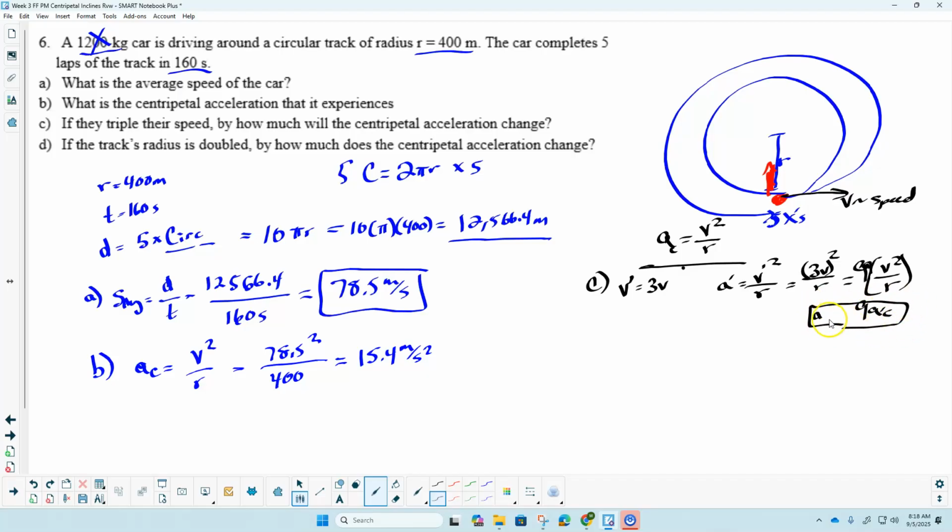So that is our new centripetal acceleration, 9 times that. That's how you do those types of assessments of what's happening if you double or triple something.